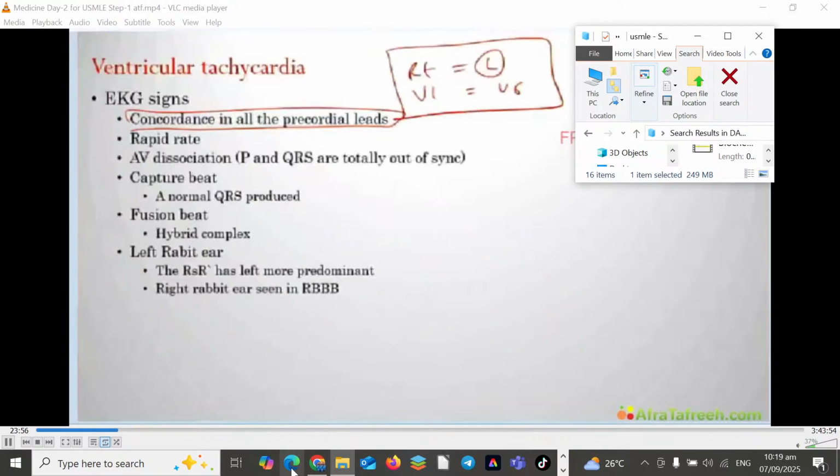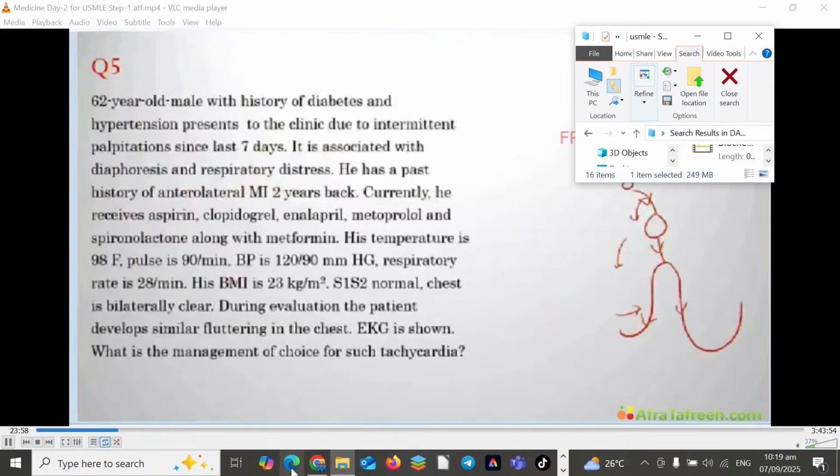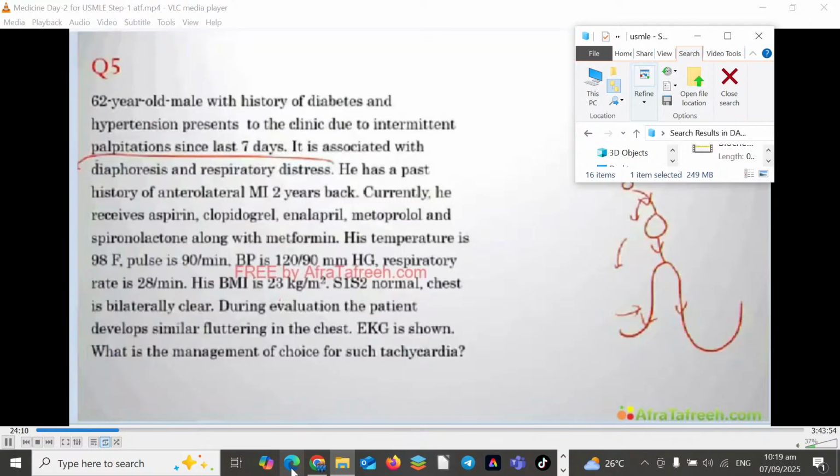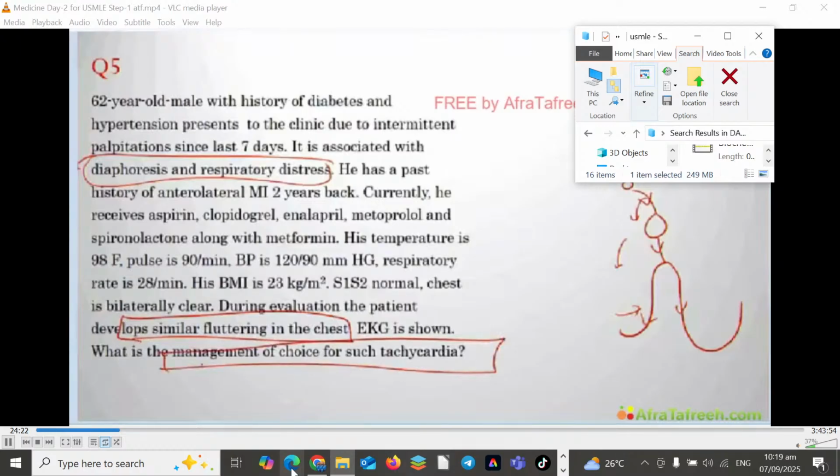So with this, I'll just repeat what the question had asked. The patient presented to you with diaphoresis and respiratory distress. The patient now presents to you with fluttering in the chest. What is the management of choice for such a tachycardia is the question.